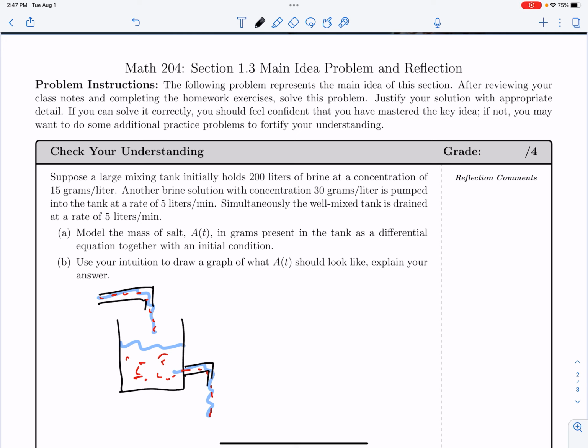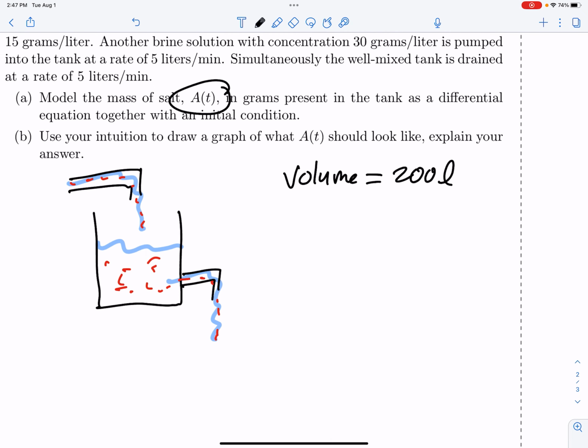And what is nice about this problem is the rate in is 5 liters and the rate out is 5 liters, so the volume is going to stay at 200 liters throughout. So we don't have to deal with any changes in volume, but they're asking us to model the mass A of t of salt in the tank.